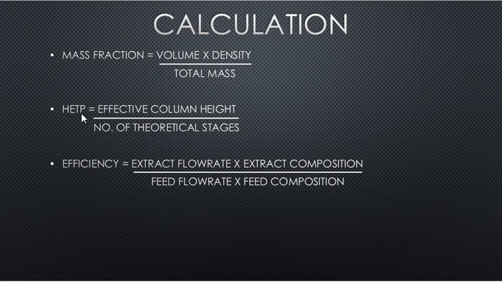For the height equivalent to a theoretical plate, HETP, we take the effective column height divided by the number of theoretical stages. The last one, for the efficiency, we take the extract flow rate multiplied by the extract composition, divided by the feed flow rate multiplied by the feed composition.